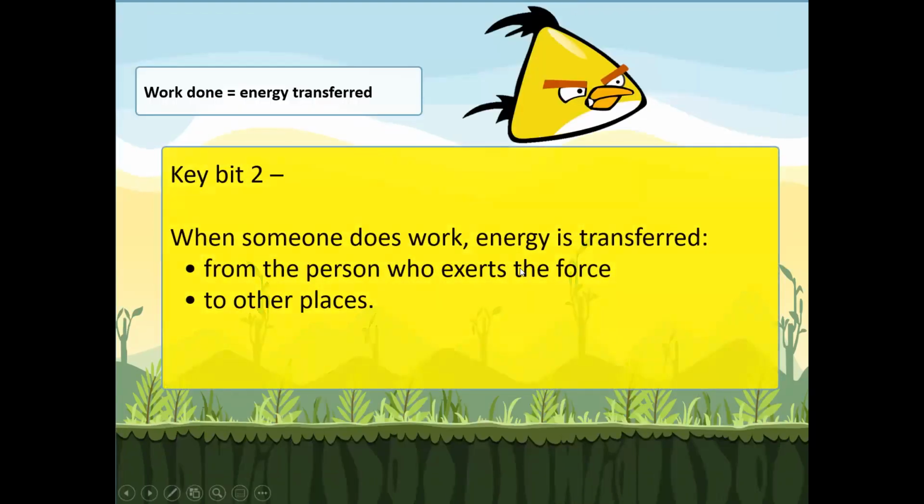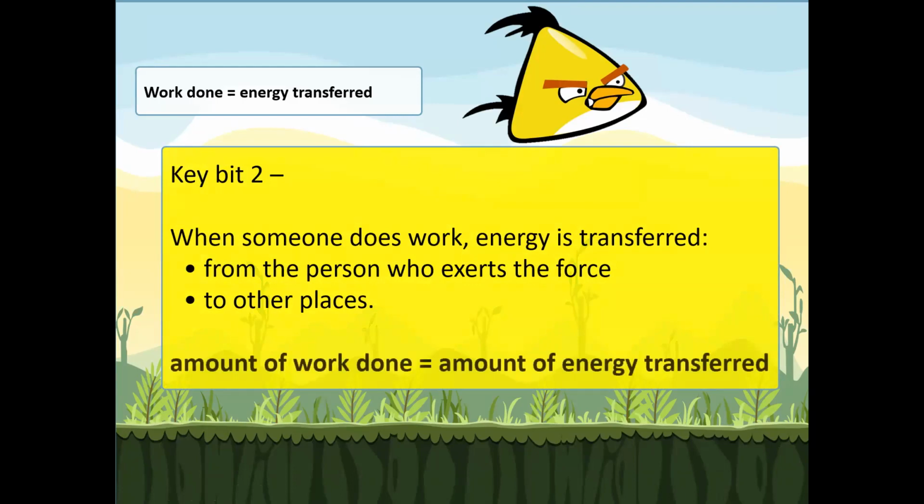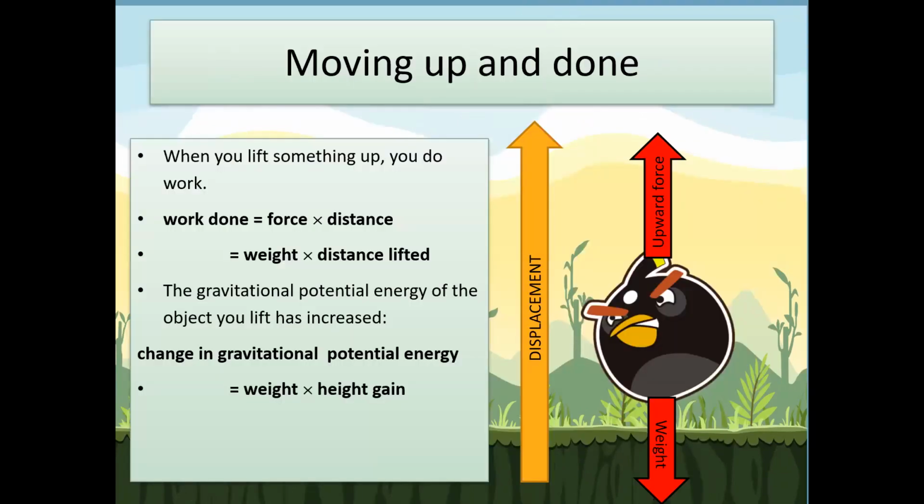Right, so work done is equal to energy transferred. When you do some work and the work makes the object move up, you are transferring energy in the form of GPE. Work done is equal to force times distance.